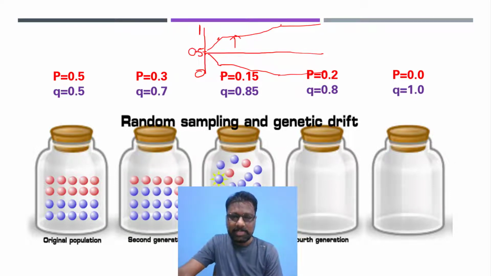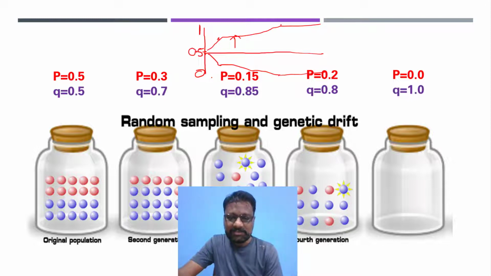In this way, when we analyze the allelic frequency, we can say purely by chance a drift is operated.